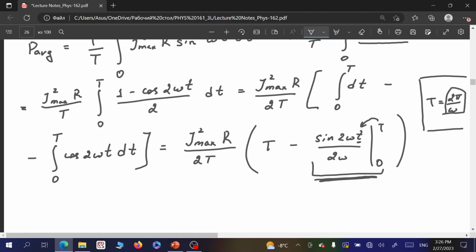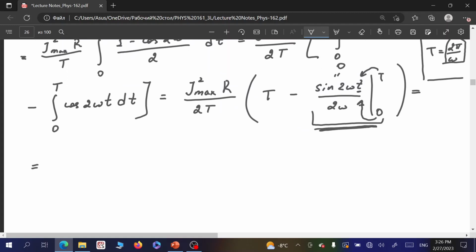Then when we apply this 0 instead of time, it will also be 0. So no matter what we are doing, this will be equal to 0. So in this case, it will be equal to I maximum square times R over 2T times T.